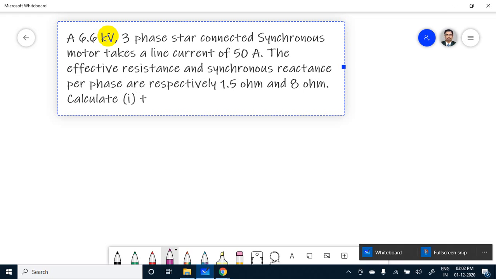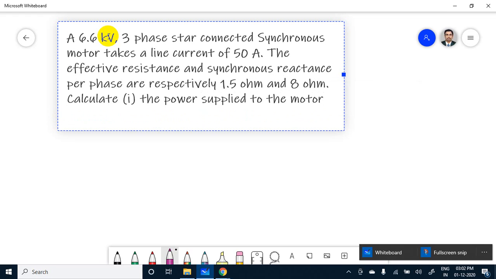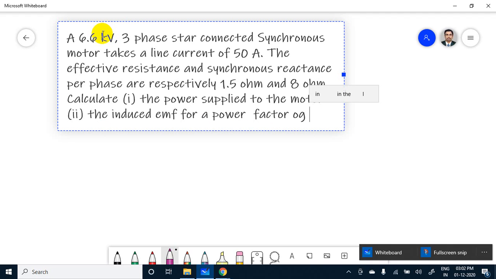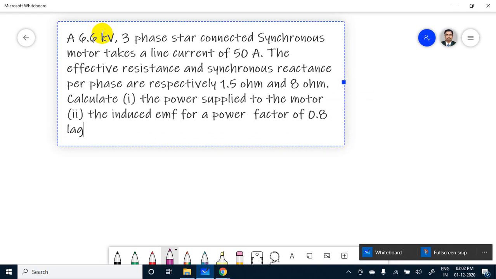the power developed, the power supplied to the motor, the induced EMF for a power factor of 0.8 lag and lead.